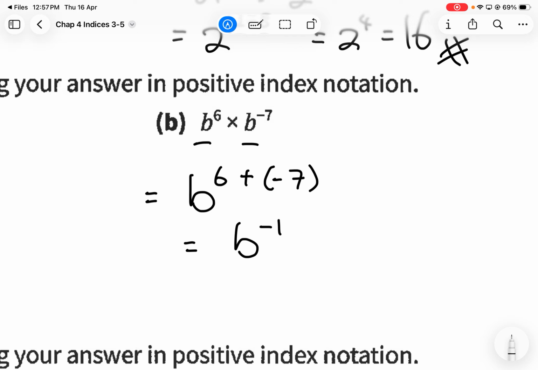But I want positive index, so my term cannot be numerator. I need it to go to the bottom. Then power 1, I don't need to write the power. Okay? Not difficult, right? Once you see the relationship between the positive, negative, it is not that difficult.